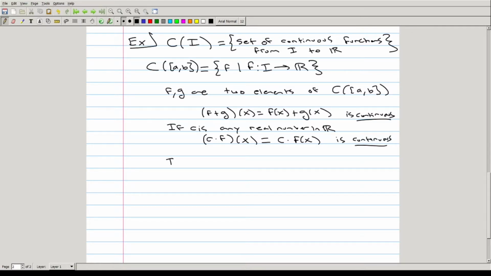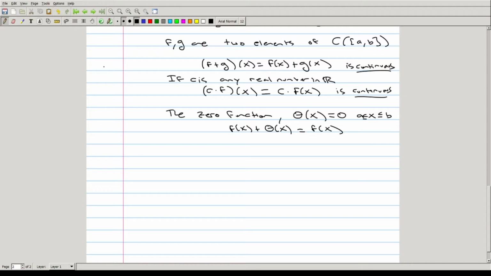The zero function, we'll call it theta of x, is the function defined by theta of x equal to 0 for all x in the interval from a to b. This serves as the additive identity: for any function f, f of x plus theta of x is equal to f of x itself.